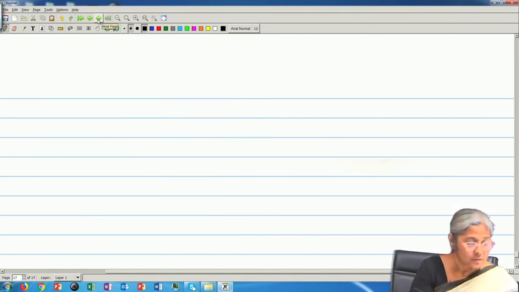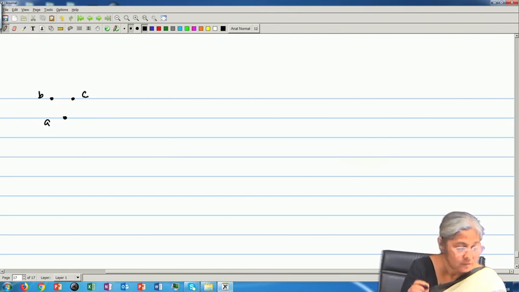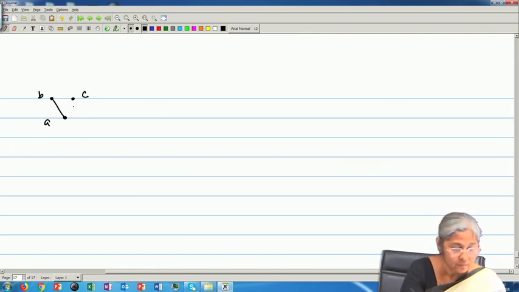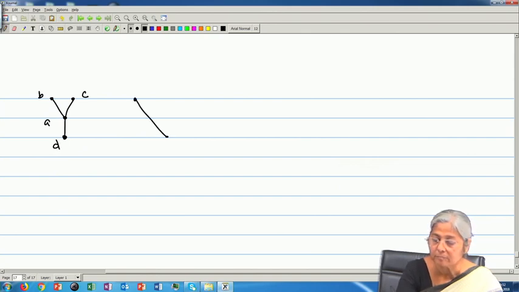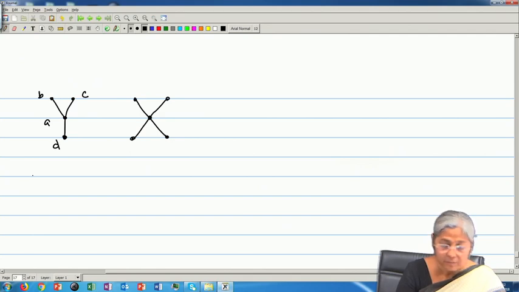If I consider some Hasse diagram at random, say with elements A, B, C, then we can define the greatest element or the least element.